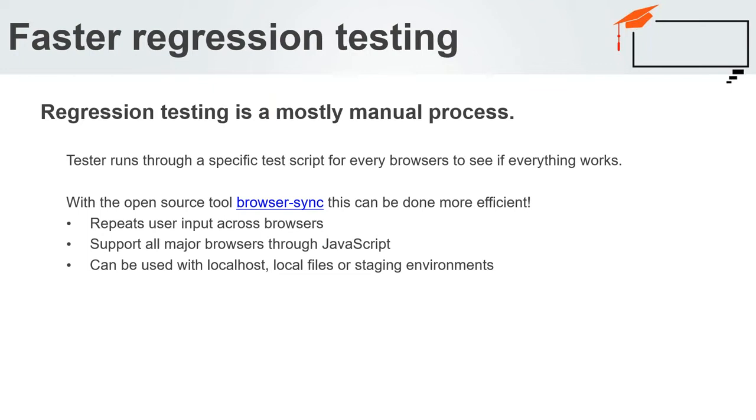So, for example, you can open Firefox and Chrome side by side and do your test in Firefox, and all the actions you take in Firefox will automatically be synchronized across to Google Chrome. This works on your local machine, so you can use it for localhost, for local files, or for a staging environment.